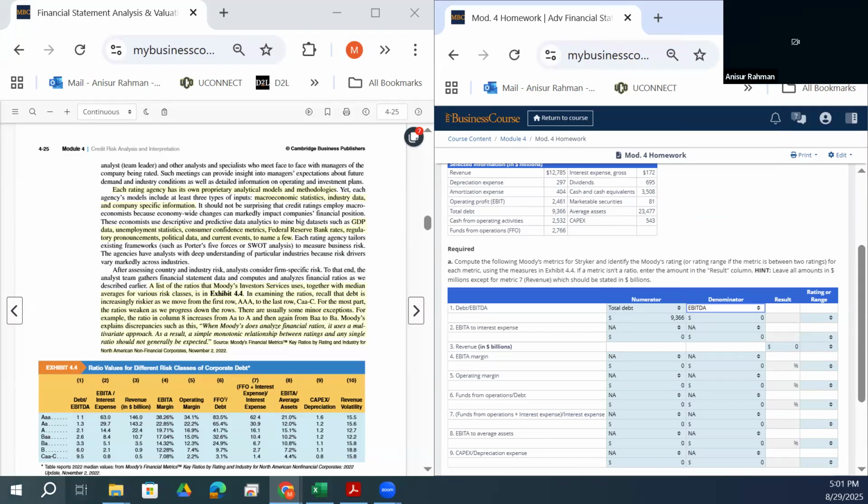So what is EBITDA? Let me explain a little bit. EBITDA is EBIT. So EBIT is earnings before interest and taxes. And EBITDA is earnings before interest, taxes, depreciation, and amortization. So all you have to do, add the amortization and depreciation expense to EBIT. Then you will get EBITDA.